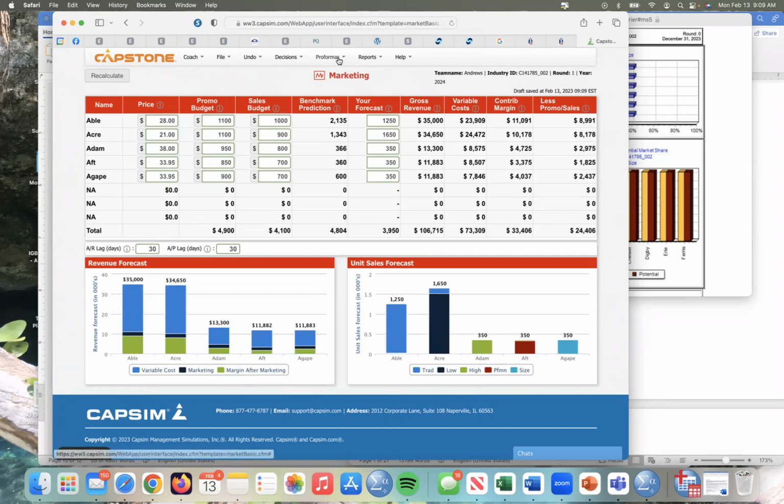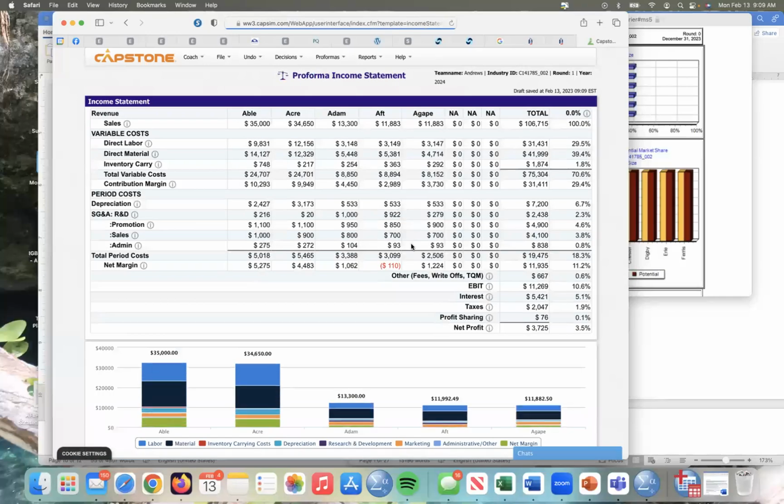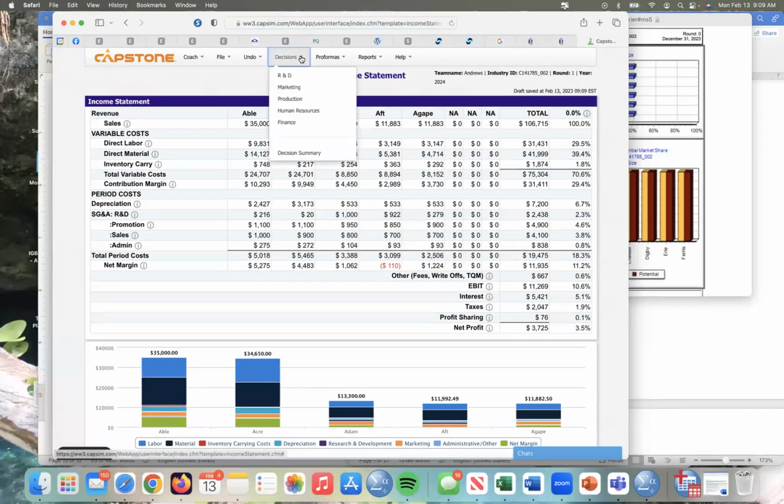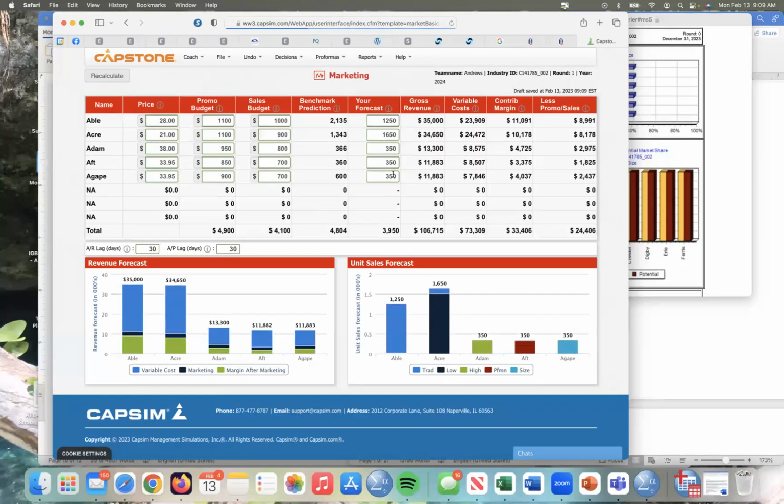And when I go back to my pro formas, I can see now that I'm going in the right direction, but I'm still losing money on the aft product. And again, this is going to take some tweaking. I don't want to increase my forecast because at this point, I'm going in the opposite direction with that. I'm actually reducing my investments and increasing my price here.